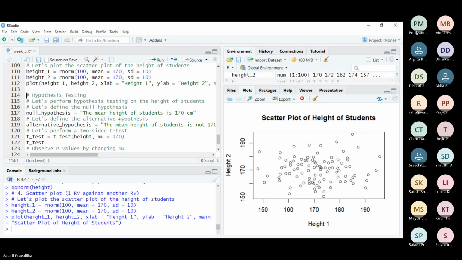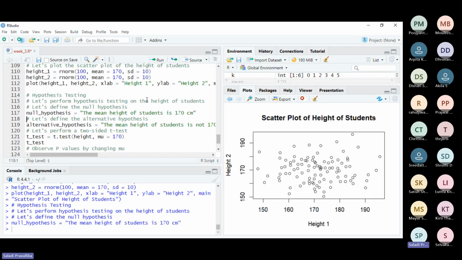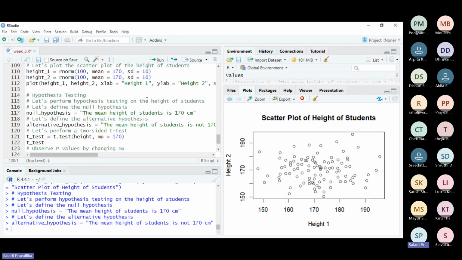In this case, I'm thinking that the null hypothesis is that the mean height of the students is 170. If I'm thinking that it is 170, what will be my alternative? The alternative is the opposite of the null hypothesis, that is, the mean height of the students is not 170 centimeters.